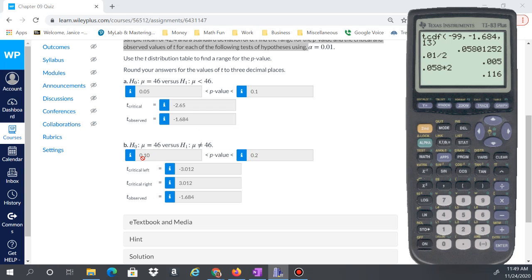How do I know it's not 0.10 and 0.15? That one is more just trial and error, but when you get above 0.10, you would go to 0.20. The smaller you get, the smaller the gaps are. But that's how you find where the p-value lies between. So if it's two-tailed, you have to multiply that p-value by 2. If it's one-tailed, it's just the p-value that you get.